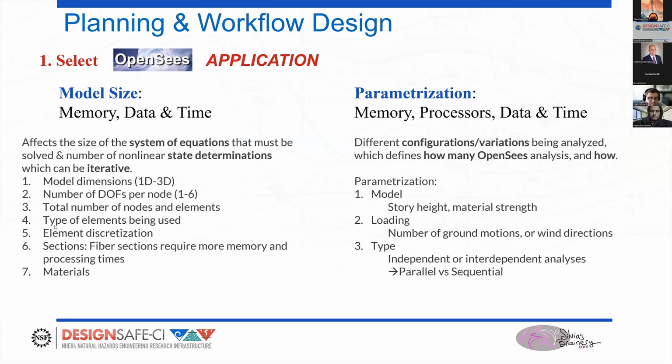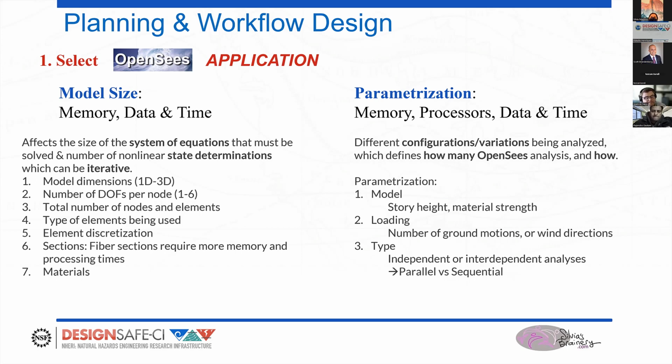Okay, so let's look at the very first part of it, which is selecting your OpenSees application. Two things I want you to keep in mind, which I define in the documentation as the scope of your project. One is the model size, which is what we always talk about, but also keep in mind how you're doing your parameter studies.